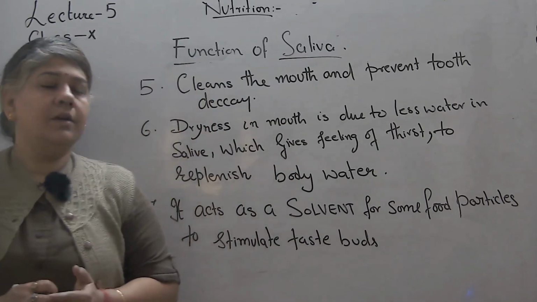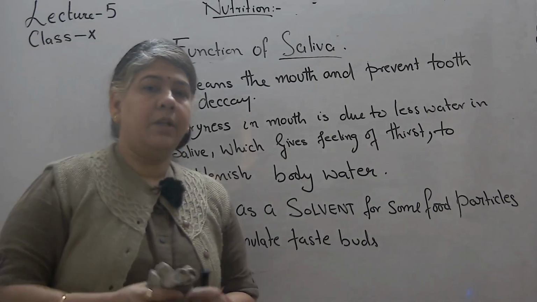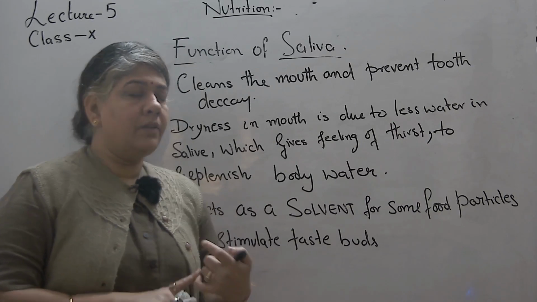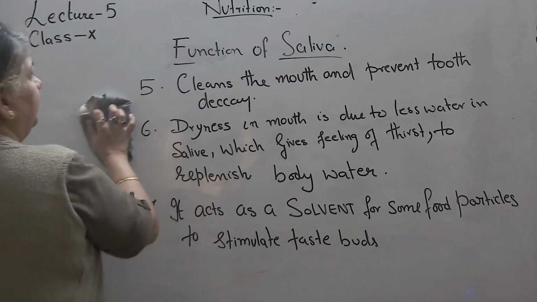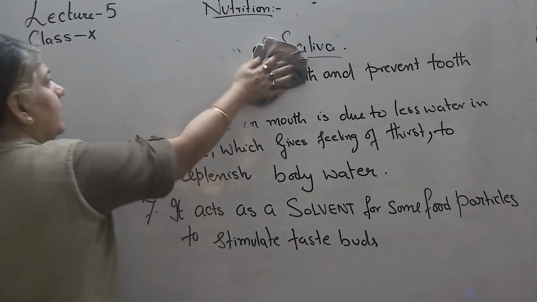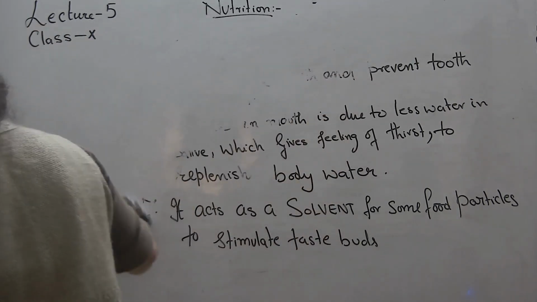So these are the functions of saliva. You must remember that saliva contains salivary amylase to digest carbohydrates. Then it performs all these functions. Another important point that you must keep revising: digestion of carbohydrate begins in the mouth.